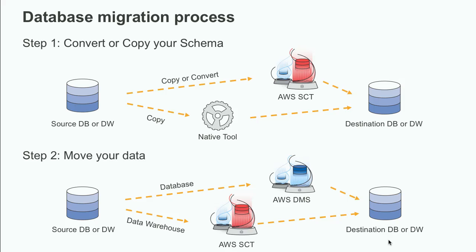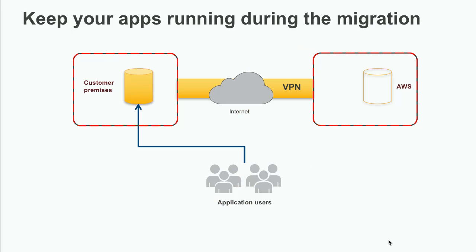So you start with the schema. Once the schema is ready, you start moving the data. So this is where DMS comes into play. This is when the data moves. How does it work? It's a service. You have the database on the customer premise, and you have AWS on the other side. What we do is we start a replication engine, which is an EC2 instance with the replication engine.